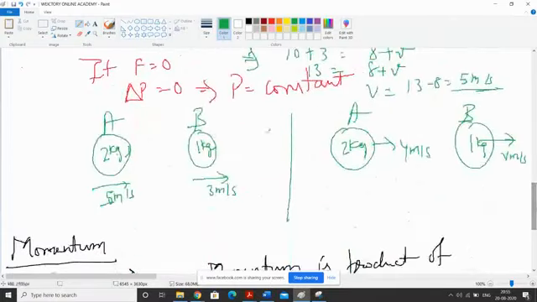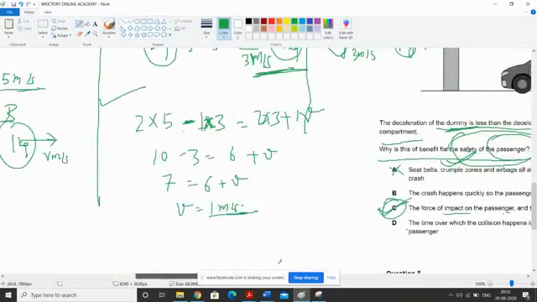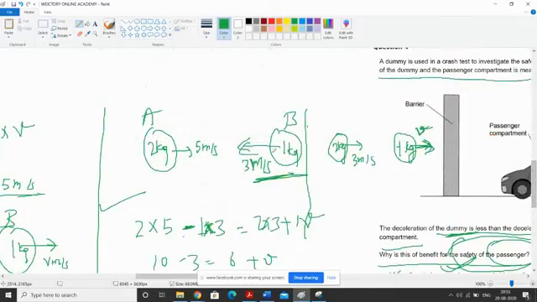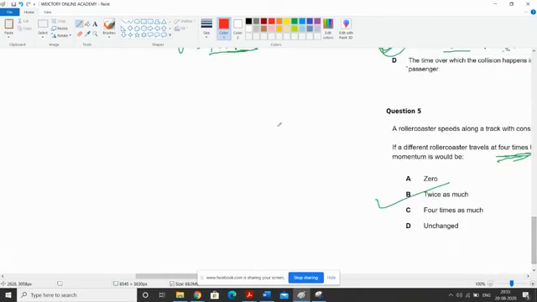When you are solving these kinds of questions and two blocks are moving, do consider the direction as well. In this case, these were moving in opposite directions, that's why here we have taken the momentum of B as negative. That's very important.